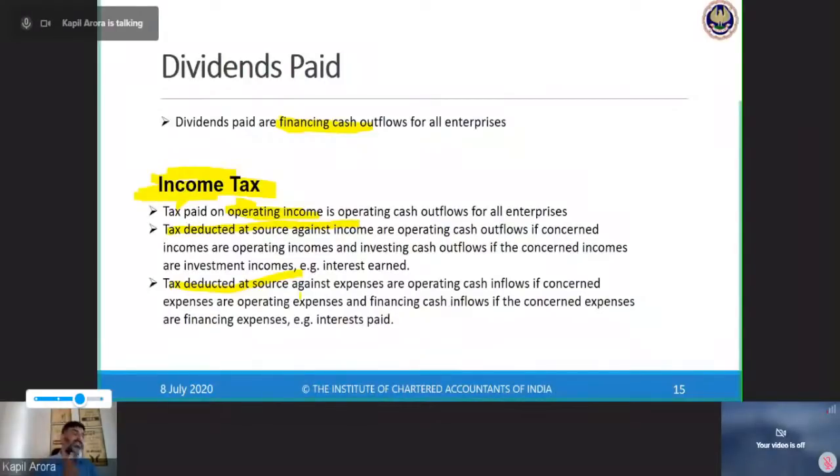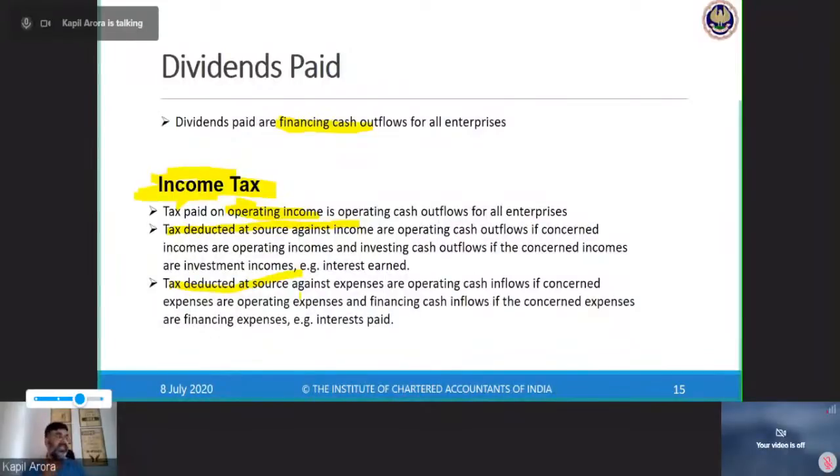So whether income tax goes to operating, financing or investing depends on the item on which income tax is charged. If that item is going to operations, income tax will also go to operations. If that item goes to investment, income tax will also go to investment. But the only thing is, income taxes should always be shown separately, not netted off.